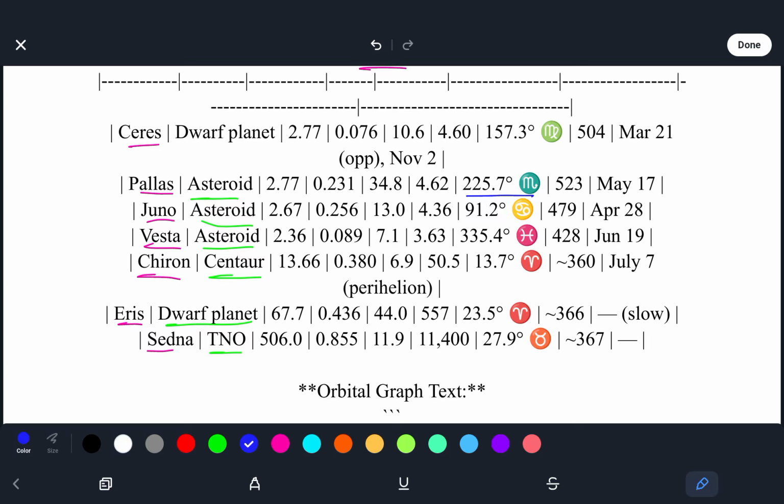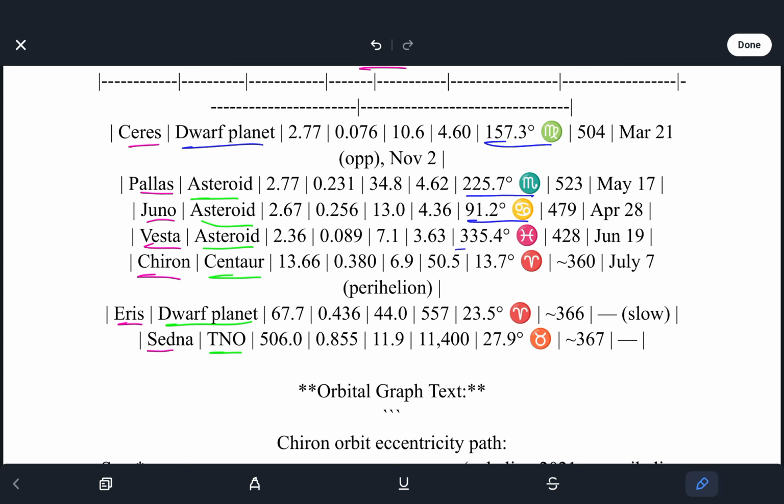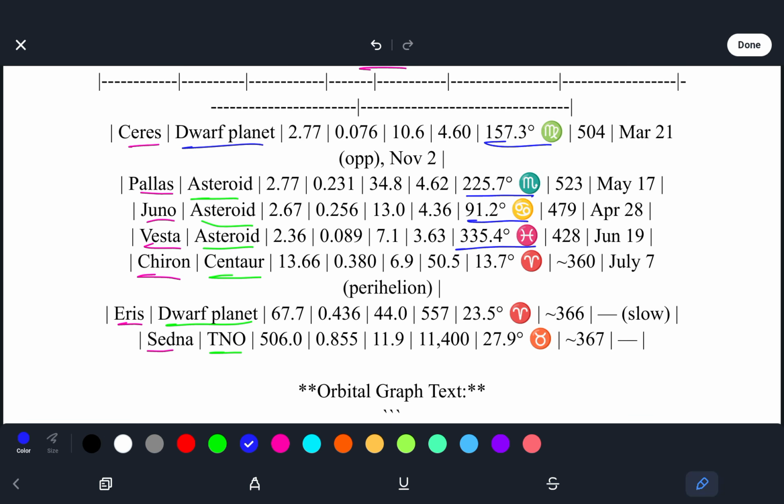So Pallas is known to be 225.7 degrees Scorpio, while Ceres, the dwarf planet, is known to be 157.3 degrees of Virgo. We see Juno, 91.2 degrees Cancer, Vesta, 335.4 degrees of Pisces, my bad.